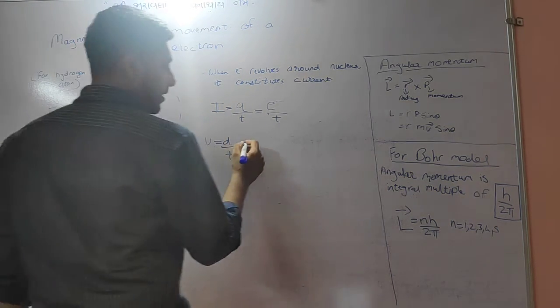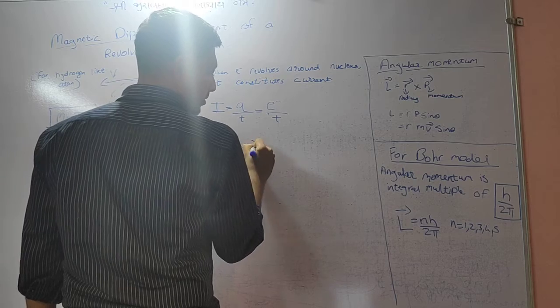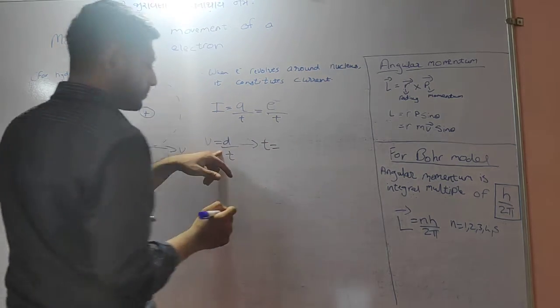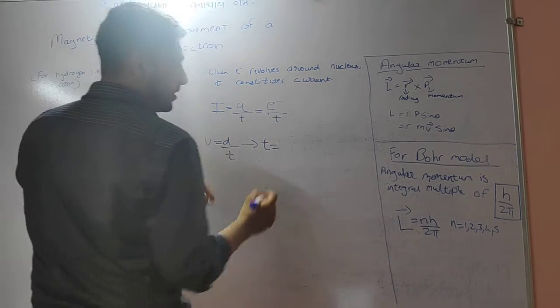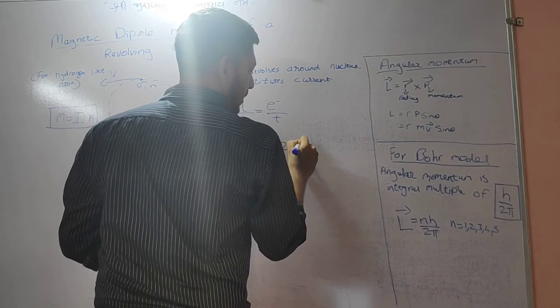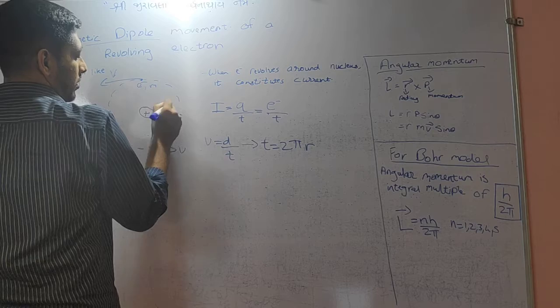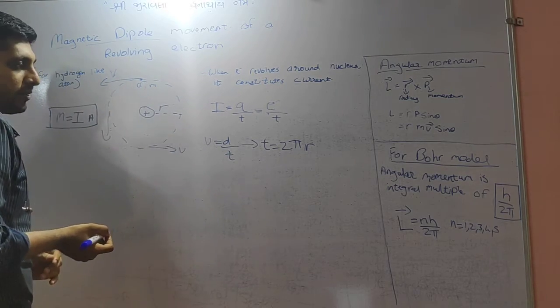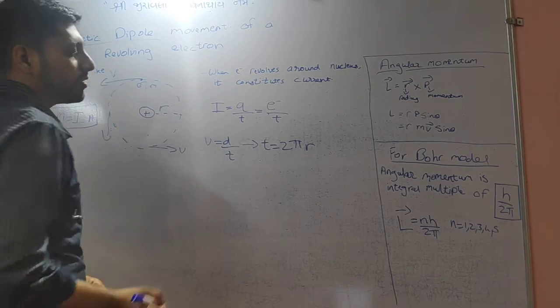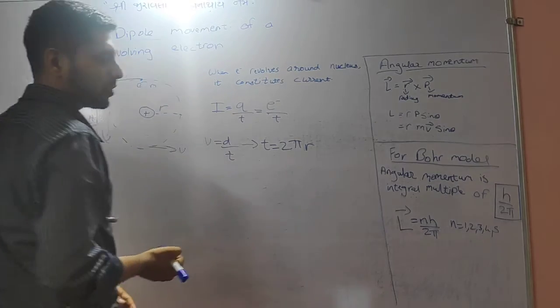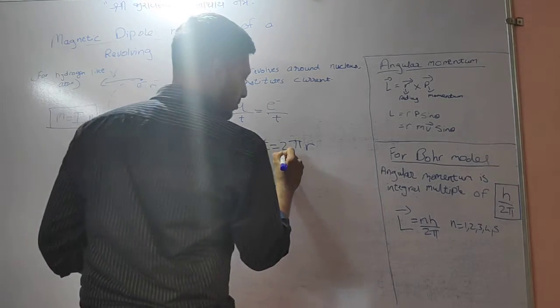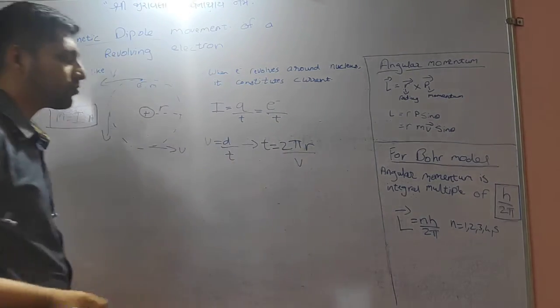So T equals D, that is 2 pi r, supposing the radius of this is r, upon V.